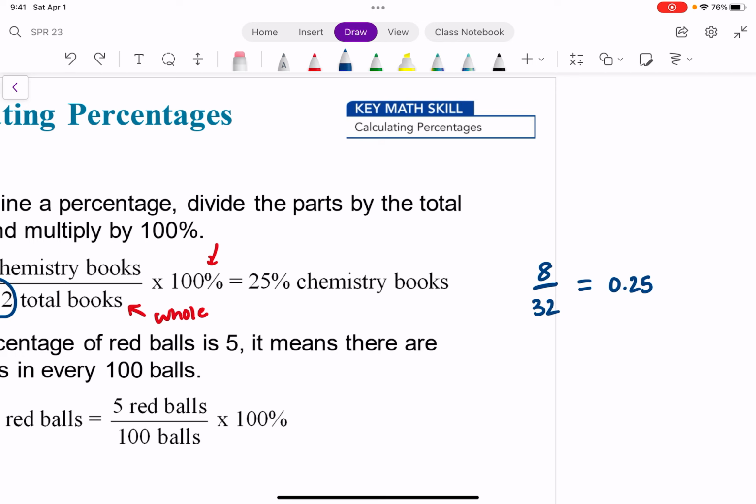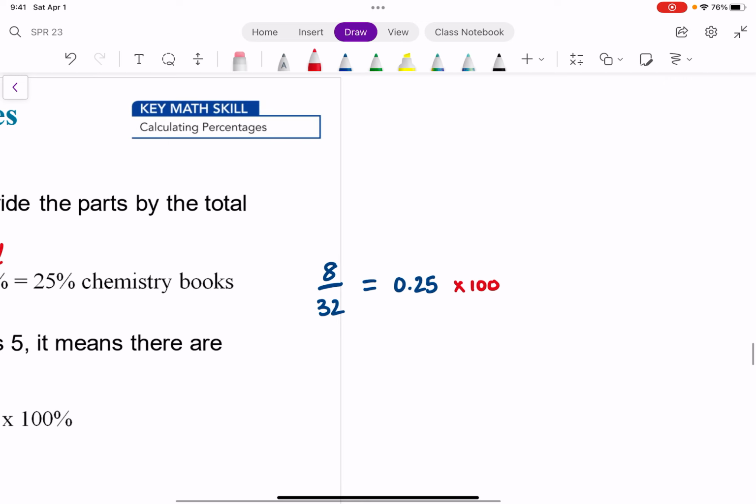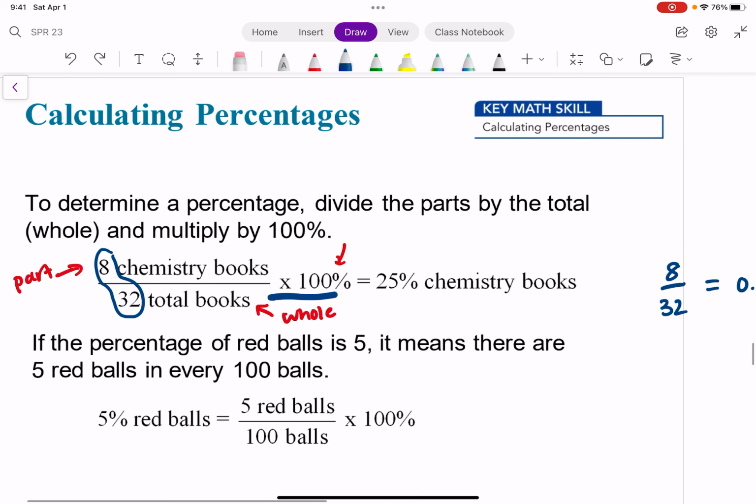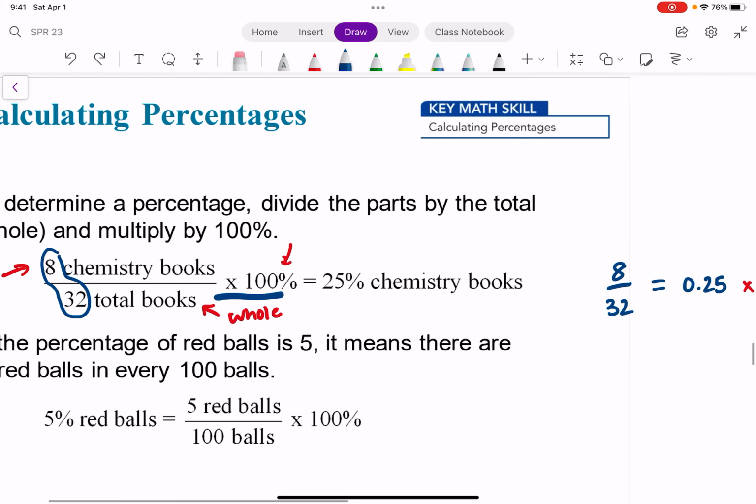Now my next step is times 100%, and I get 25%, just like I see over here. So the percentage of books that are chemistry books is 25%.